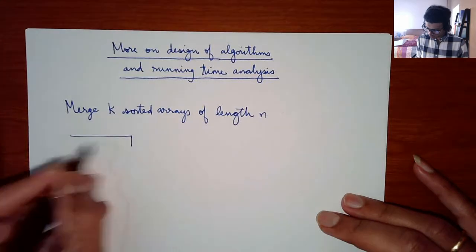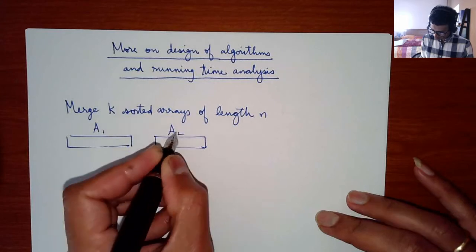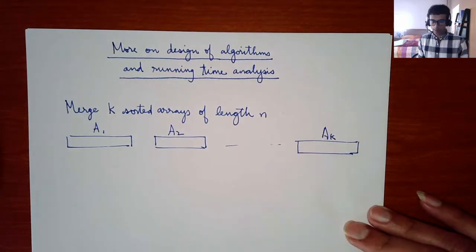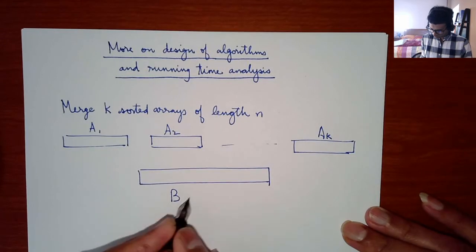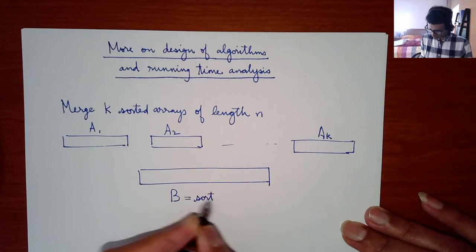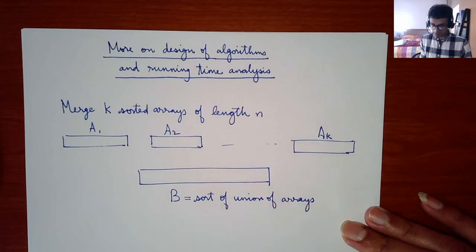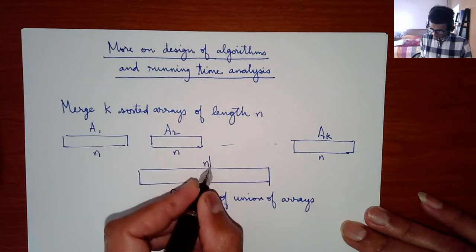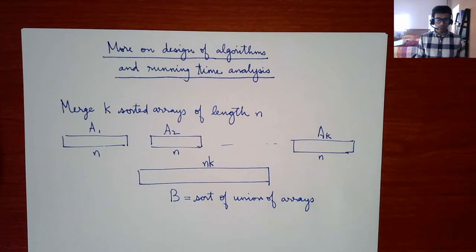Right, so you're given k sorted arrays, and I'm just going to call them A1, A2, up to AK, and you have to come up with B, which is the sorted union of the arrays. So this is of length n, and this is going to be of length n times k. This is the problem. We know how to do this when k is equal to 2. When k is equal to 2, it can be done in linear time.